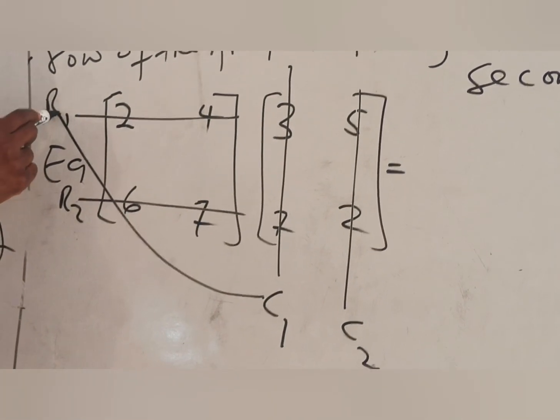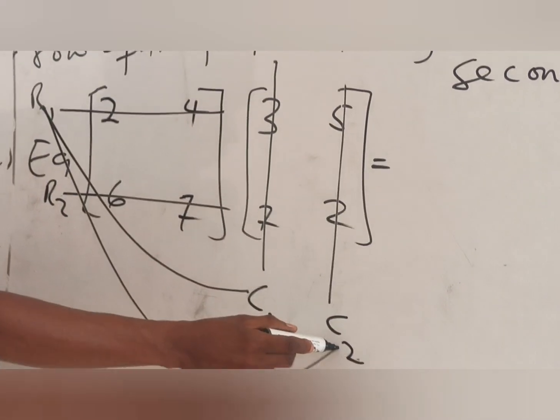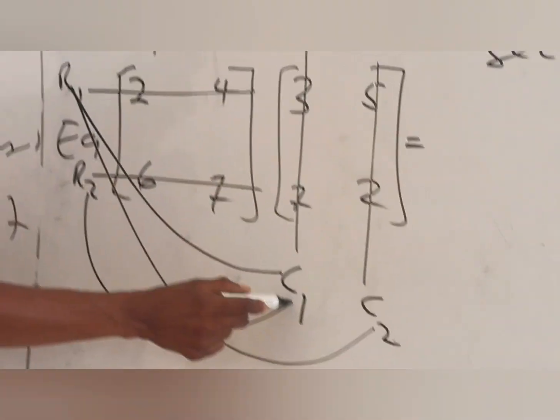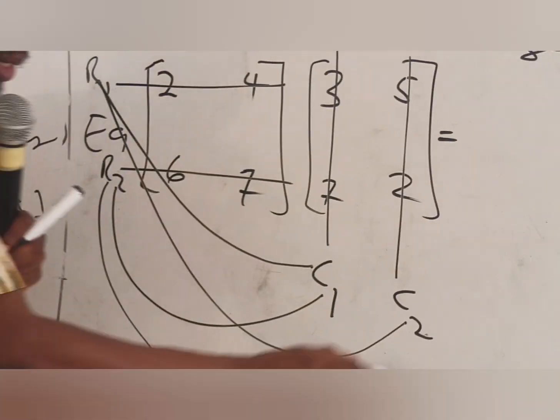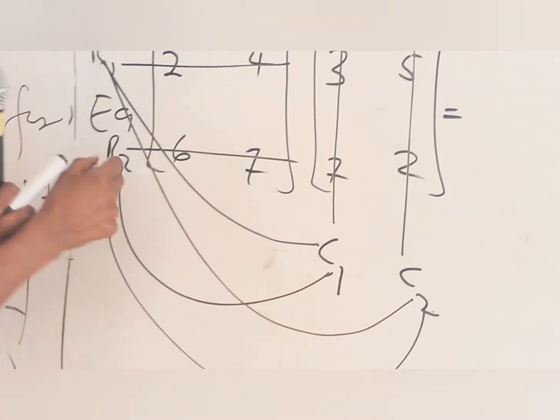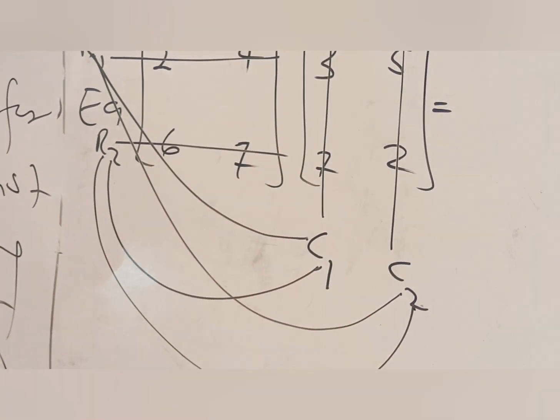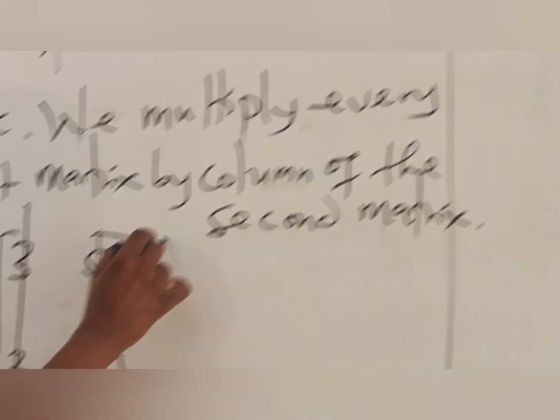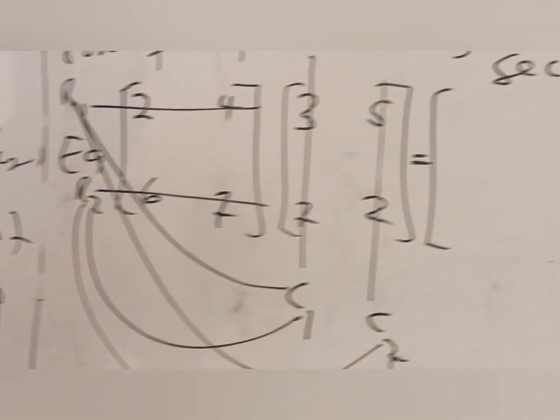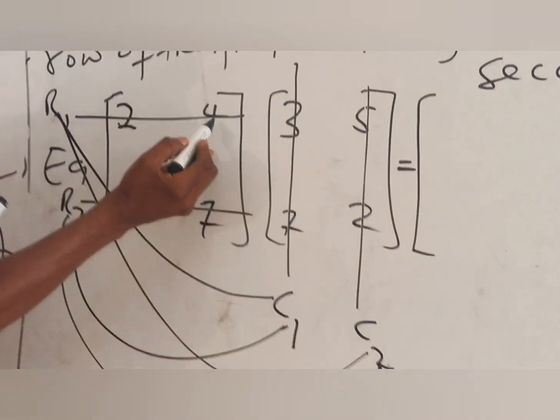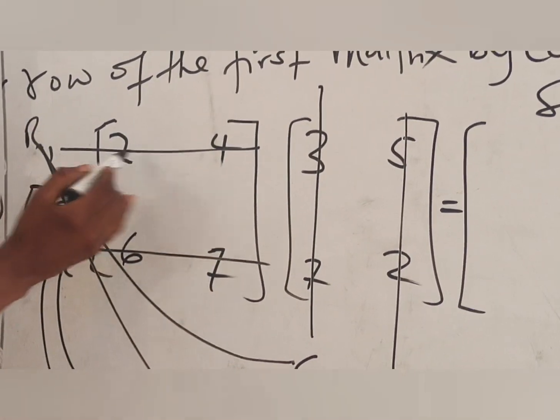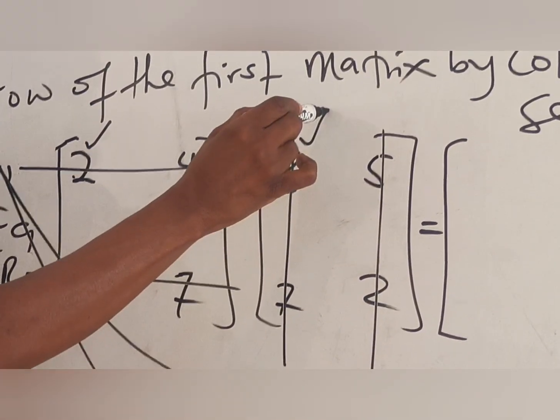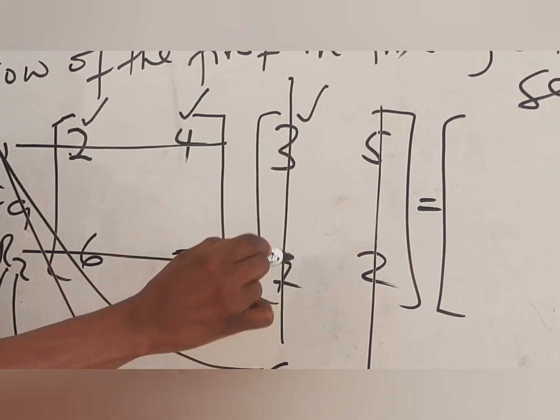Pick row 1 again, multiply by the first on the column, the second on the row, the second on the column.